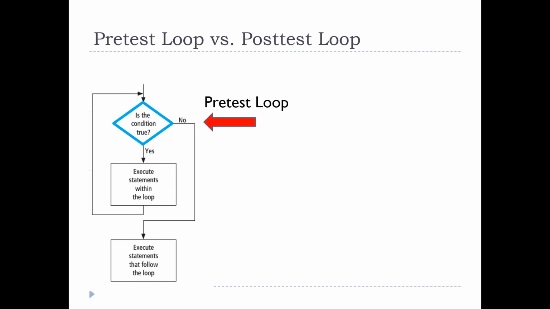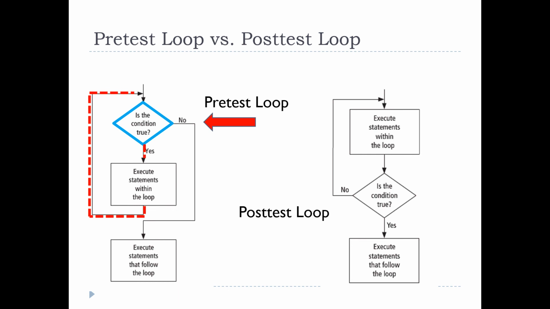And here's another diagram to show you the difference between the pretest and the posttest. You see that in both of them, the diamond shape and the statements are reversed. For the pretest, you test the condition at the top first before you run the code. If the condition is false, it's never guaranteed that the statements here will be executed.